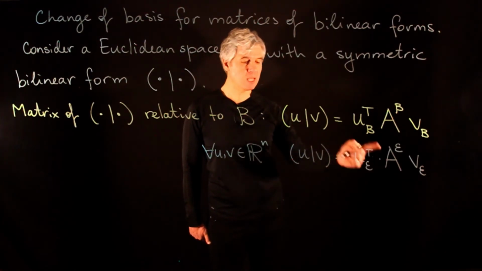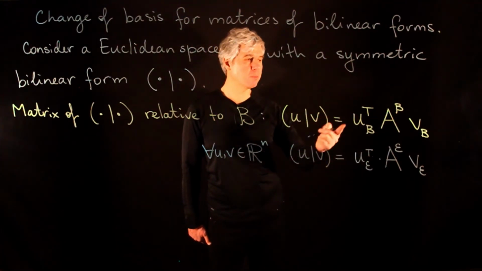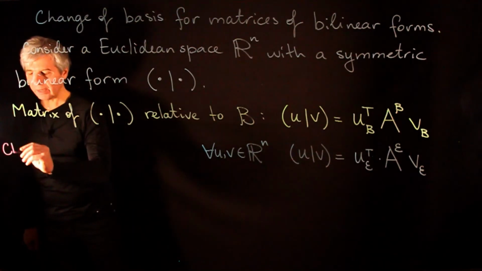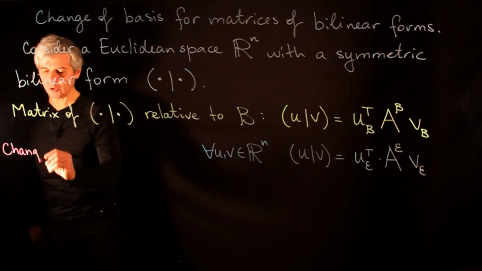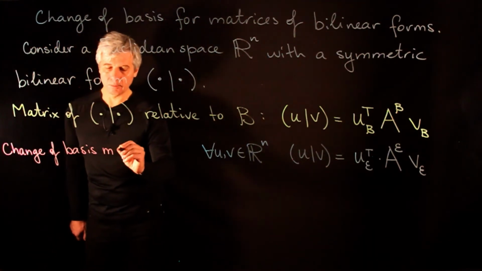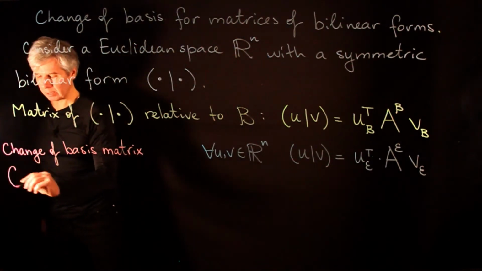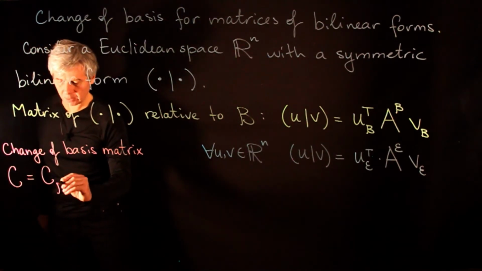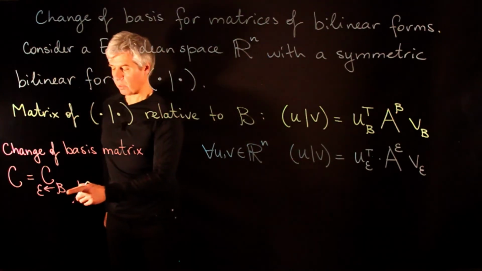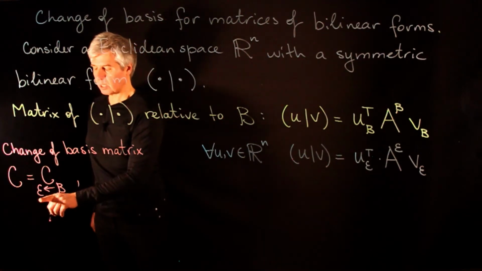We would like to derive the relationship between these two matrices, the matrix of the bilinear form in the standard basis and the matrix of the bilinear form in a non-standard basis. Recall that we have the notion of the change of basis matrix. So we will denote this matrix as C, or C from B to E, and this matrix recomputes the coordinates of vectors from B basis to the standard basis.